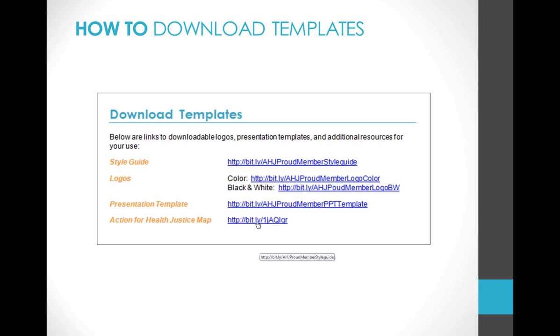Here's a downloadable link to that as well. Also, at the very end of the style guide, there's a list by state and by national organization of what partners are involved or are members of the Action for Health Justice, just as a reference.